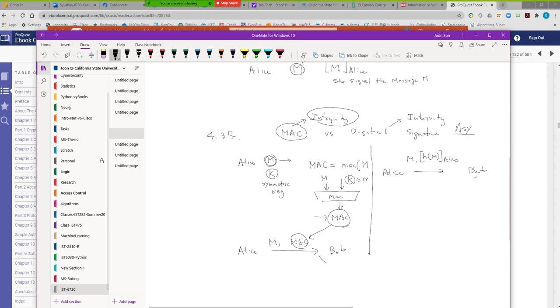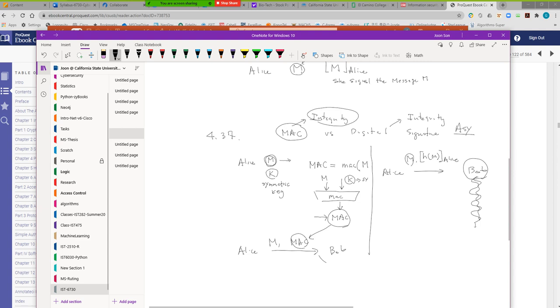Then Bob has the verification process. I'm going to skip this, since I already explained it many times. If the verification is successful, then we know that M has not been modified during transit. That's integrity, right?